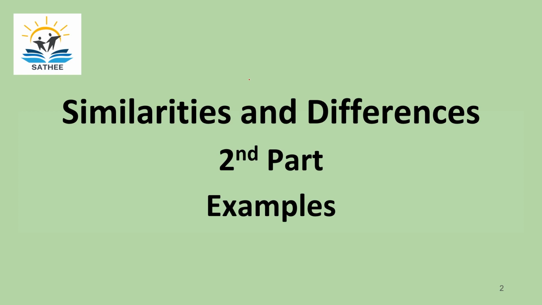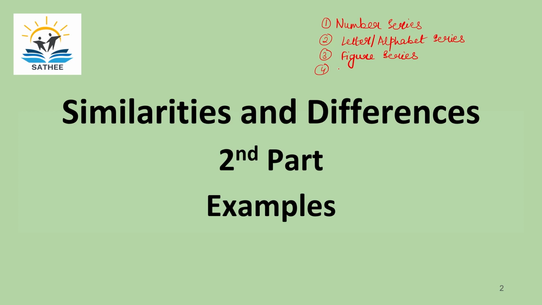In the last lecture, we discussed that there are 6 types of questions that can be formed from similarities and differences that can be asked in your competitive exams. These were: first was number series similarities, the second was letter series, also known as alphabet series similarities. Then we also discussed figure series similarities.